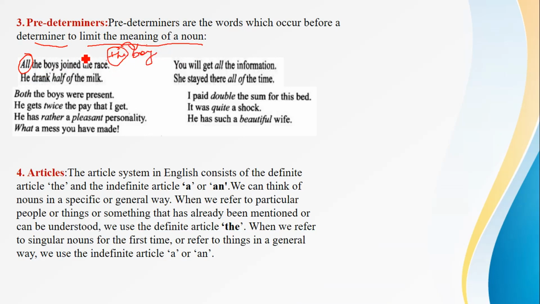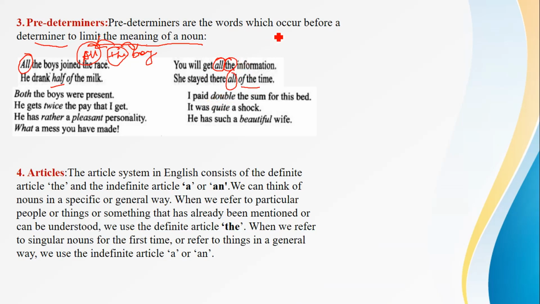So the is a determiner, and we are using all in front of the, so all becomes the predeterminer. Okay, he drank half of the milk. Half of is a predeterminer. You will get all the information. All over here is again a predeterminer, and the is a determiner. So these are predeterminers which are used before the noun.